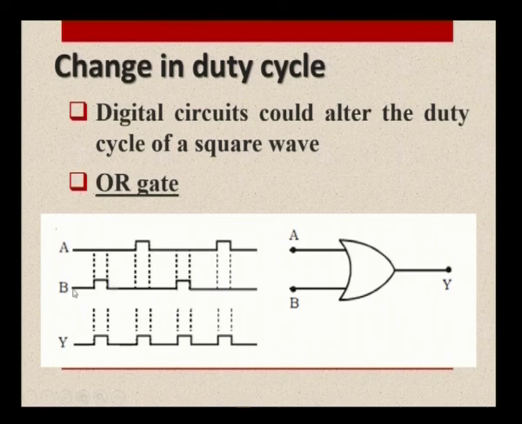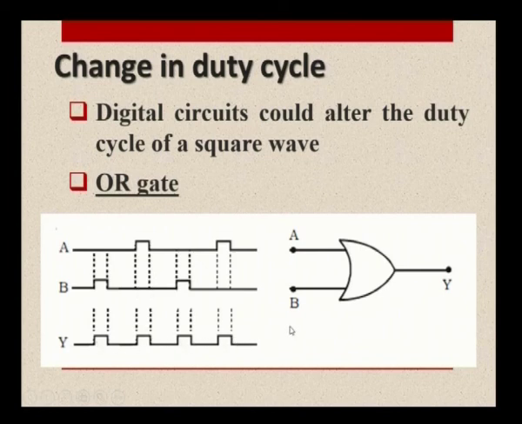And when we simultaneously have a look at the B input, the value 1 is given at two different durations. It is not matching with the A, but what will be the output? The output is going to be 1 when A or B is 1. So, this is how the output is obtained.